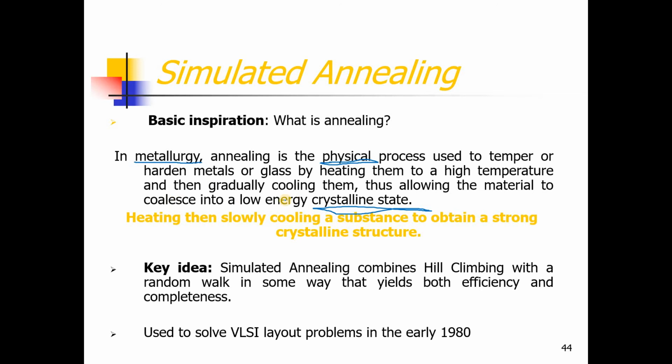What this sentence means is that the molecules of the metal or the glass align themselves in a crystal structure so that they have more strength. So the important step for us is heating, then slowly cooling down a substance to obtain a strong crystalline structure. That is called annealing.